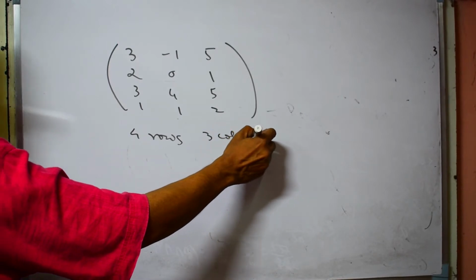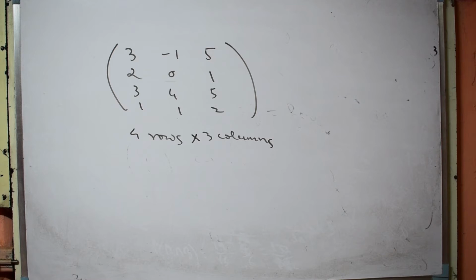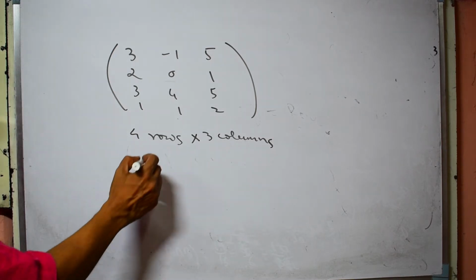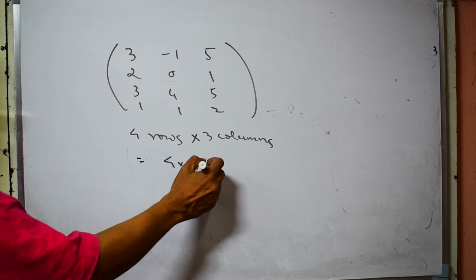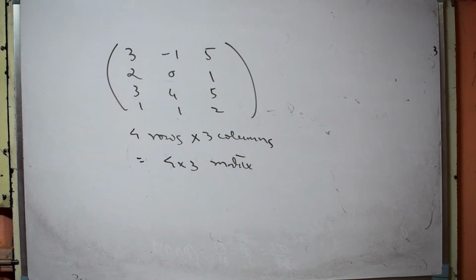We don't say "and", we write "into". That "into" is not multiplication, this is "by": 4 rows by 3 columns. In short, we say 4 into 3 matrix. That means this matrix size is 4 rows, 3 columns. Together we are having 12 elements in the matrix, inside the bracket.